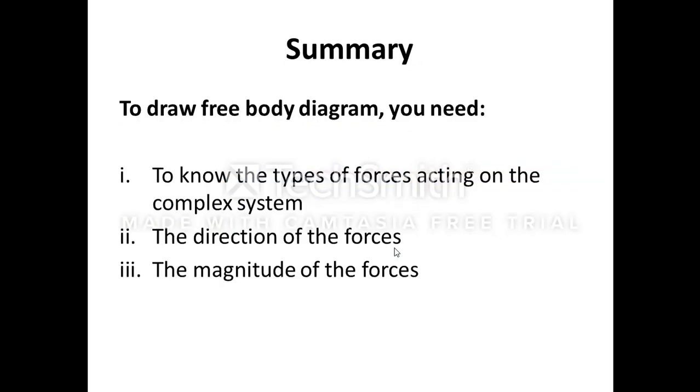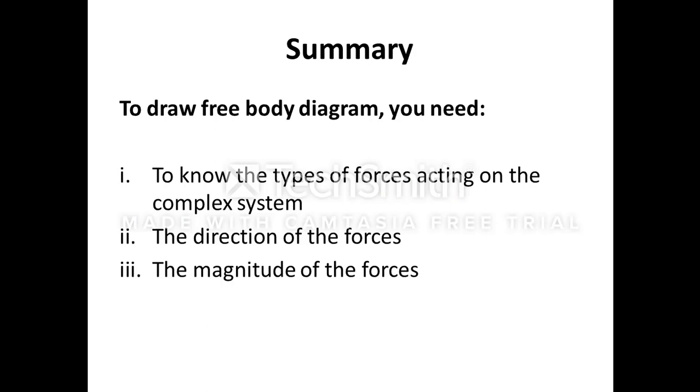It's important to note that. So you must first determine the type of the force and the direction, and then you determine the magnitude of the force. And usually in most physics problems, the magnitude of force will be provided.